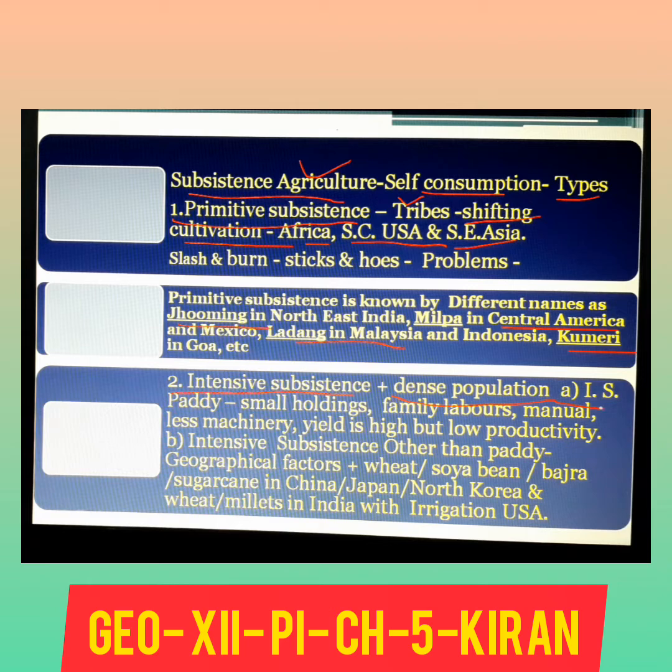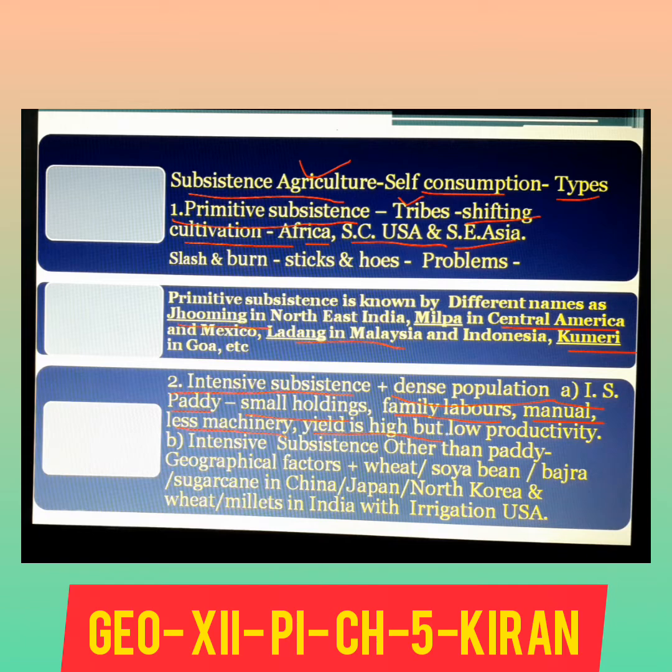It has two types: intensive subsistence agriculture dominated by paddy or rice cultivation. It has small holdings. Most of the family members work as laborers and they use manual work more, and use of machinery is very little. Yield is high, but the productivity is low.